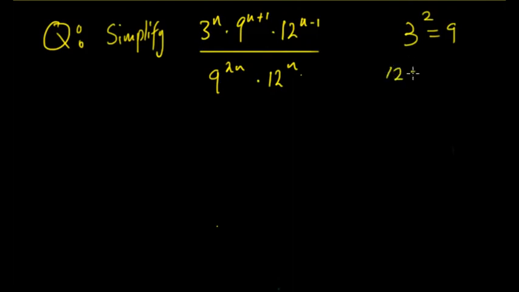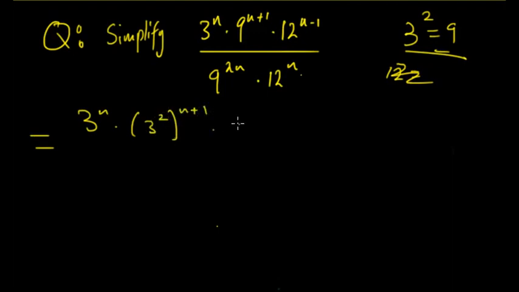Now there's 12 and 12, so I'm guessing we may be able to cancel something out there. So the first thing is I'll convert the 9's to 3's, and then I'll see if I can cancel the 12's. So start off with 3^n times (3 squared)^(n+1) times 12^n times 12^(−1).